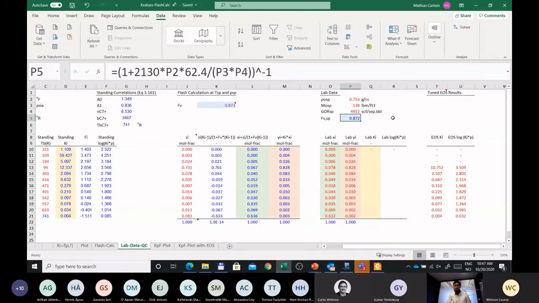So that's 0.872. It's very close to what we calculated from the flash calculation.